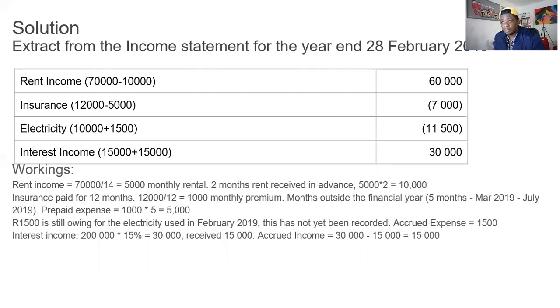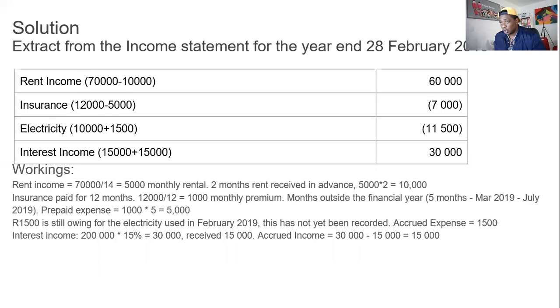So you divide by 14, and you find that rent monthly is 5,000, and you want to exclude the rent for the 2 months that fall outside of the financial year. So 5,000 times 2 is 10,000, and that would be your income received in advance, which would be under liabilities in the balance sheet. In the income statement you subtract that 10,000 from the 70,000, and then rent income for the year ended 28 February 2019 is 60,000.